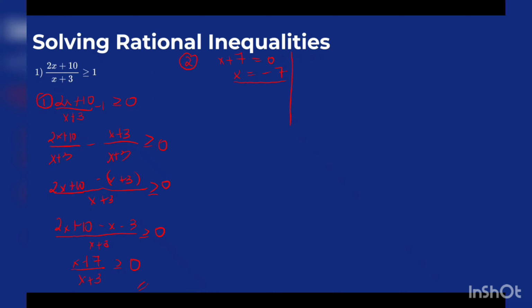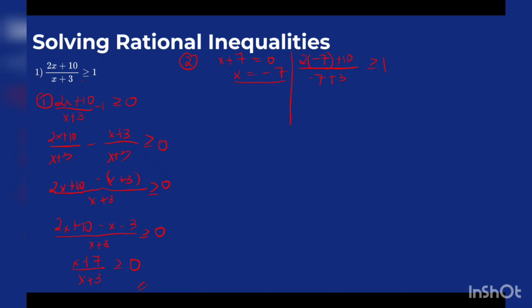So to test, we'll just substitute negative 7 to our original rational inequality. So from 2x plus 10 over x plus 3 is greater than or equal to 1, we'll have 2 times negative 7 plus 10 over negative 7 plus 3 is greater than or equal to 1.